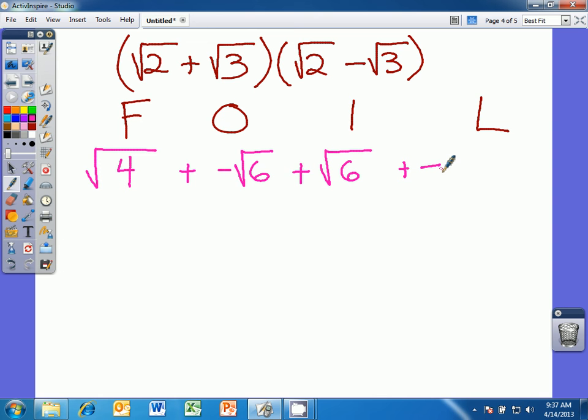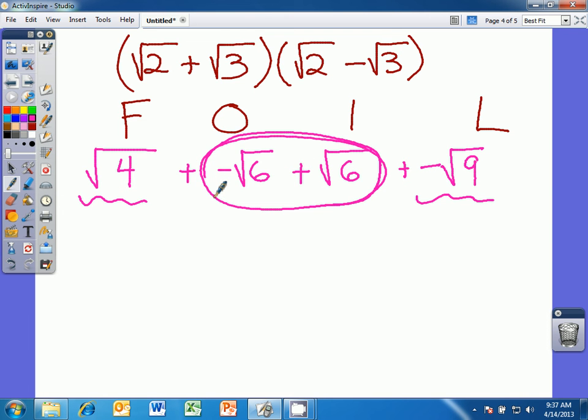And so what you'll see is the product of my first terms and the product of my last terms both end up being perfect squares. So that's going to remove those radicals. And then my middle two terms, the products of my outer terms and the products of my inner terms, are opposites. So those are going to go to 0.